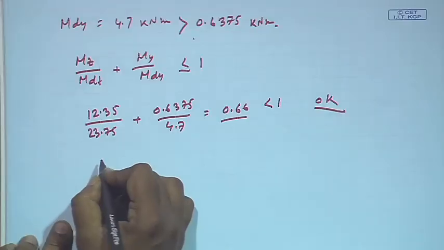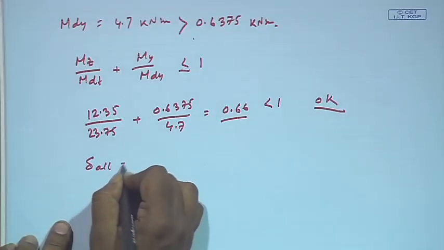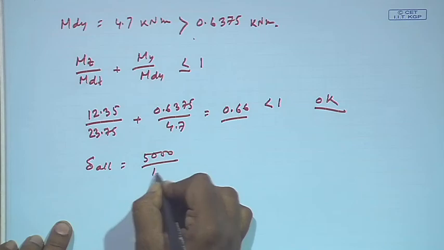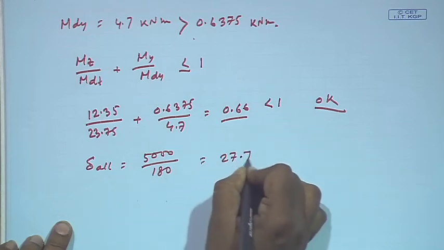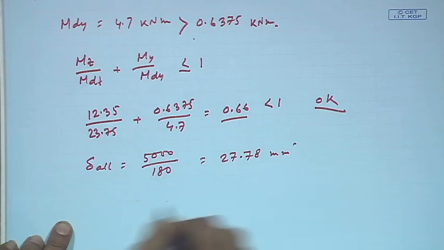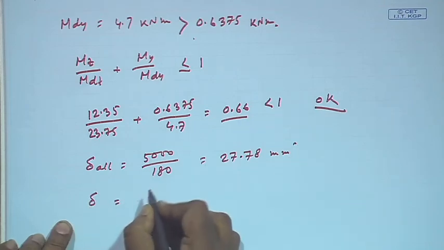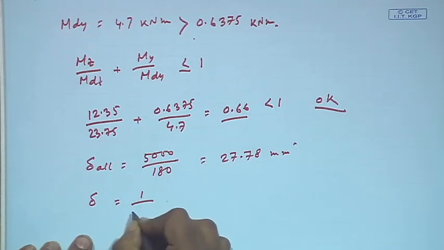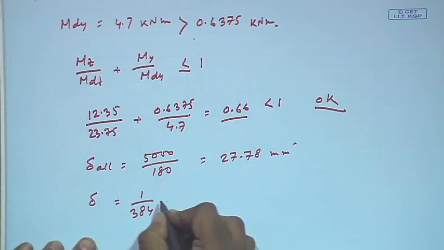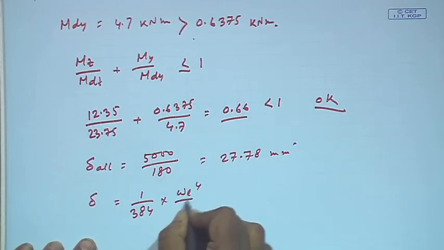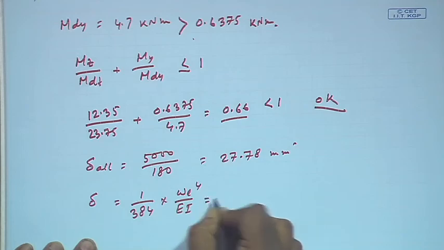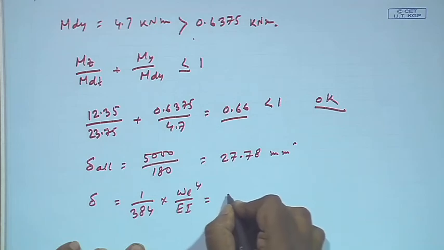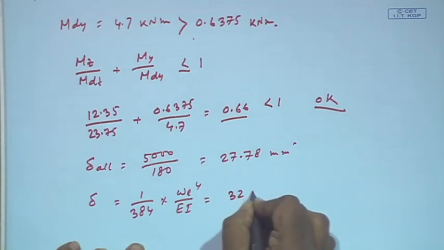So, allowable deflection delta we know is L by 180. So, length was 5000 by 180 is 27.78 millimeter, and delta actual is 1 by 384 into WL to the 4 by EI. So, W is 3294.5.